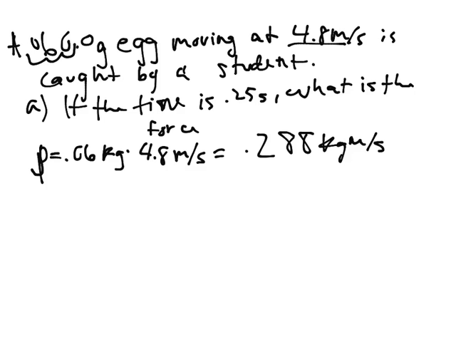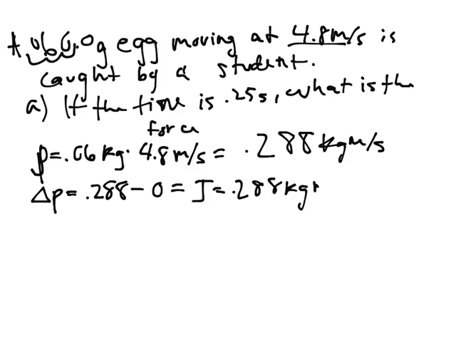And so we know at the end of it that the change of momentum will be, it started with this and then eventually it ended up being 0 because it stopped, so it had no velocity. So we know that our impulse is actually going to be exactly the same as our total momentum because it will then go to 0 after.